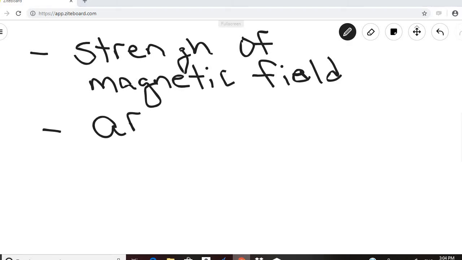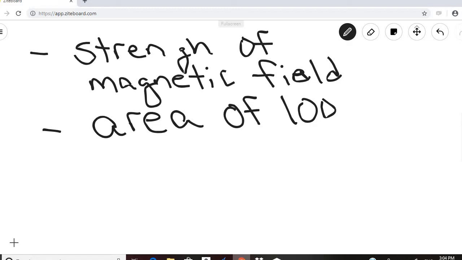It can be affected by the area of the loop. If you look at figure 16.5, you can see the loop that is made out of the conductor.